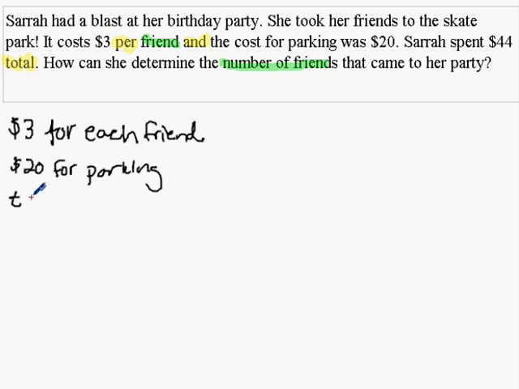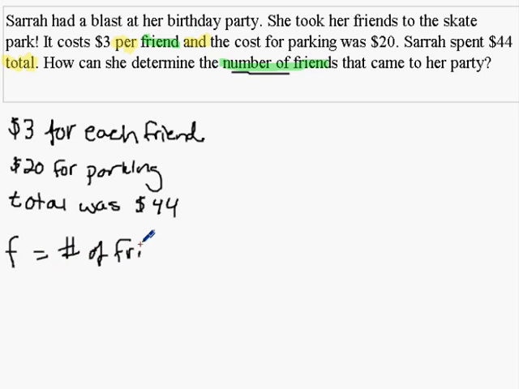And we know that her total was $44. Okay, and we know we're looking for the number of friends. So we can say the number of friends, let's just say F. So F equals the number of friends. And that's what we're trying to find.